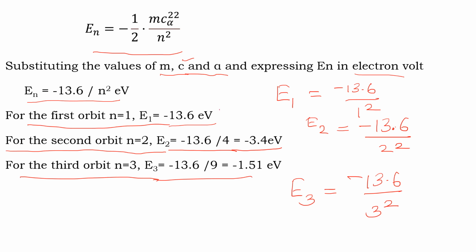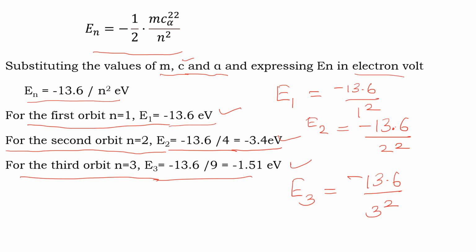That is, the greater the value of the negative energy, the greater is the binding force between the nucleus and the electron. For the electron in the first orbit, the energy will be minus 13.6 eV. For the electron in the second orbit, the energy will be minus 3.4 eV. And for the electron in the third orbit, the energy is minus 1.5 eV.